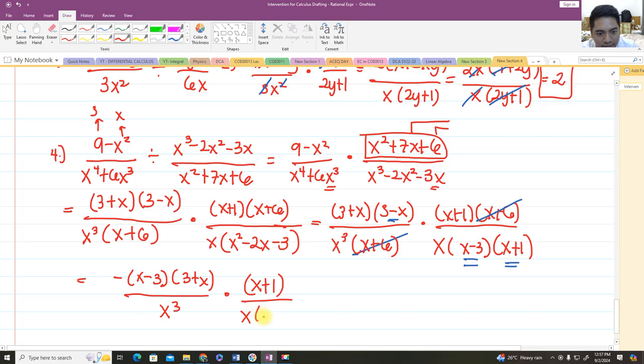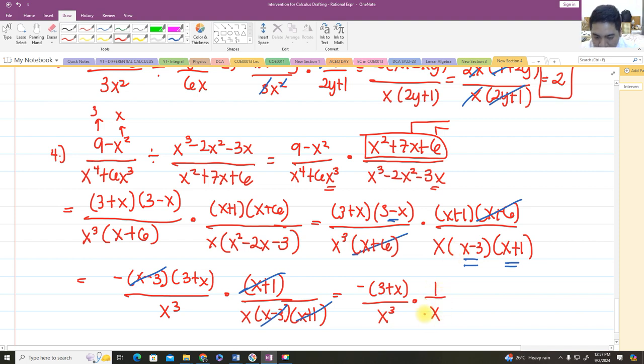And you have x times x minus 3 and then x plus 1. Of course, the x plus 1 will also cancel. The x minus 3 will cancel. So now you are left with negative 3 plus x all over x cubed multiplied by 1 all over x.